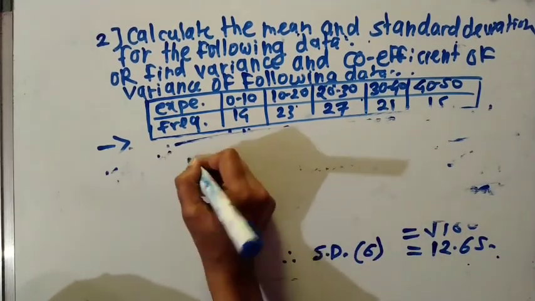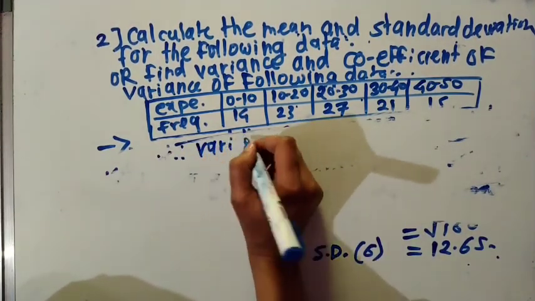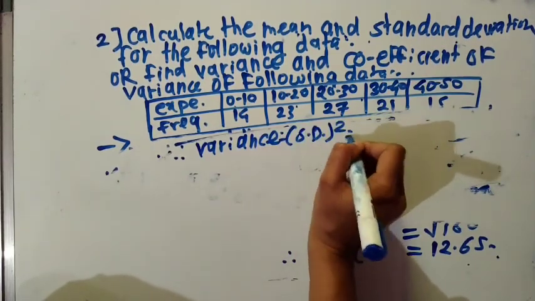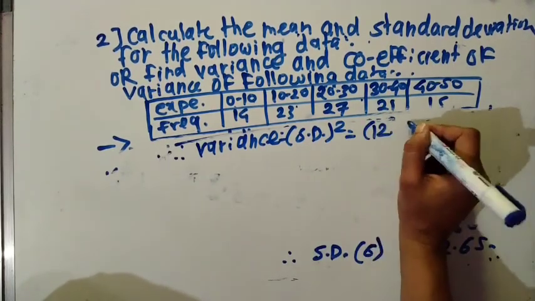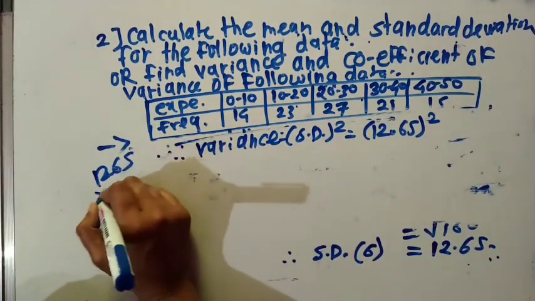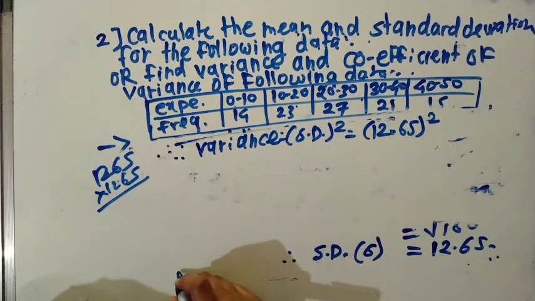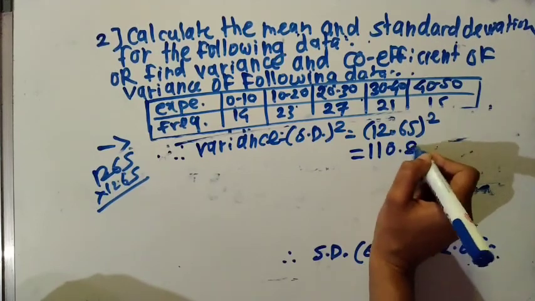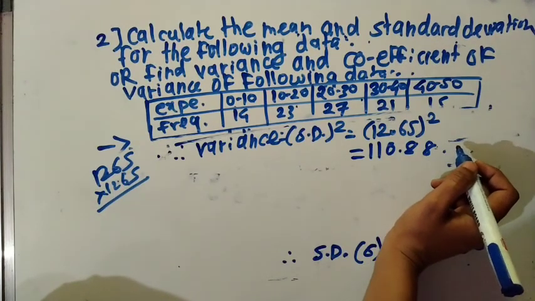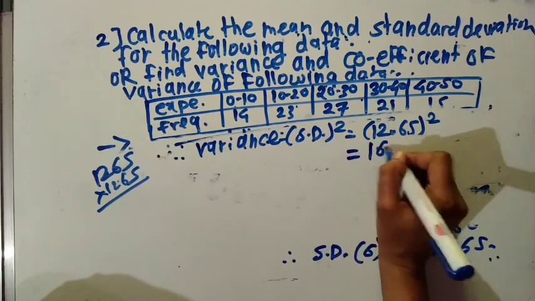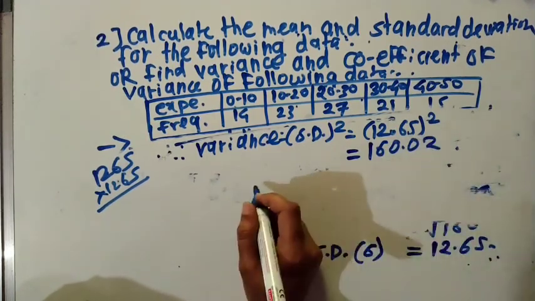We find out variance. Variance is equal to standard deviation squared, means 12.65 squared, and 12.65 into 12.65 is equal to 160.02.